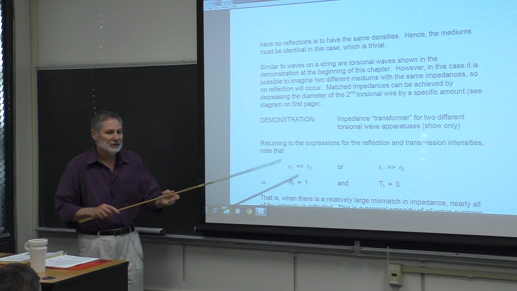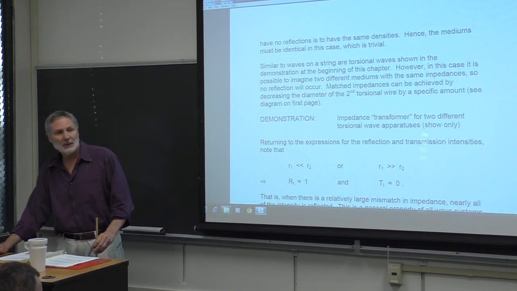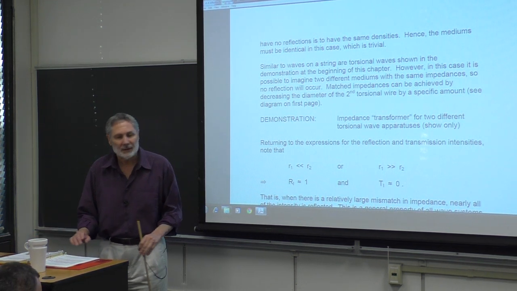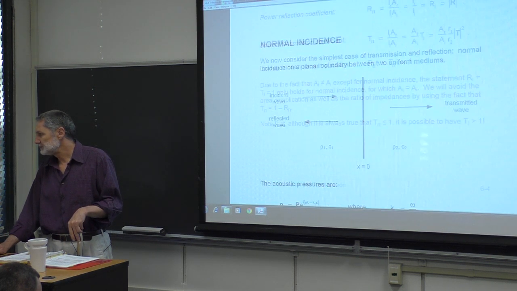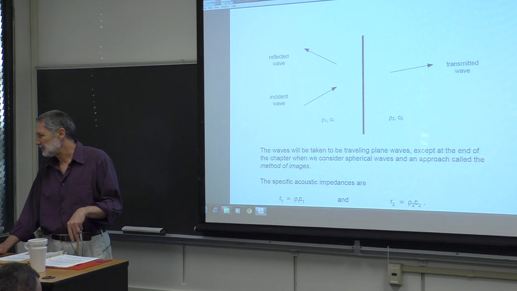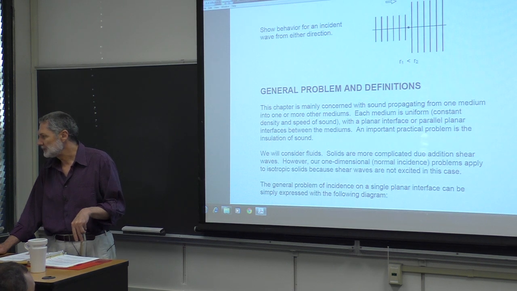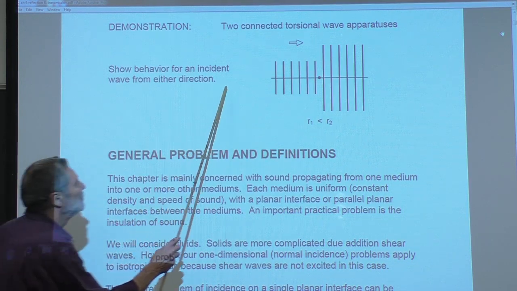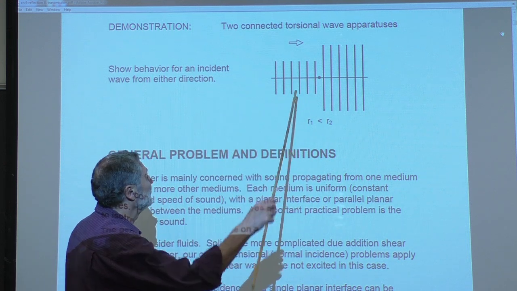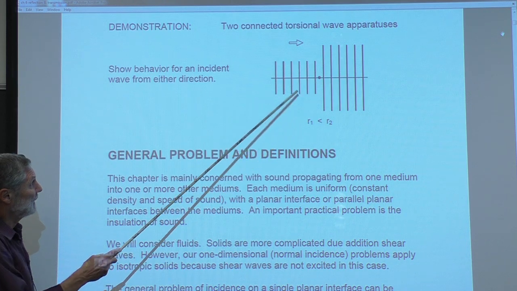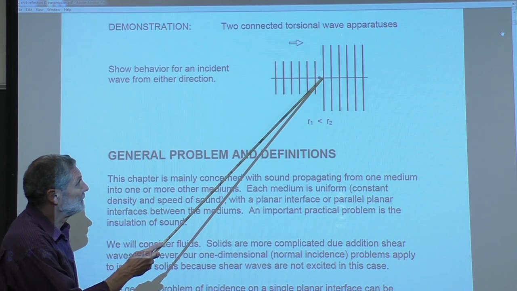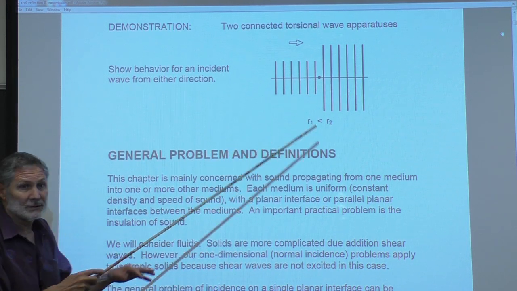However, the torsional wave system, remember, way back in the beginning, we hooked up these two torsional wave apparatus. This is the top view. The manufacturer went with the same steel rod here and here, same size.